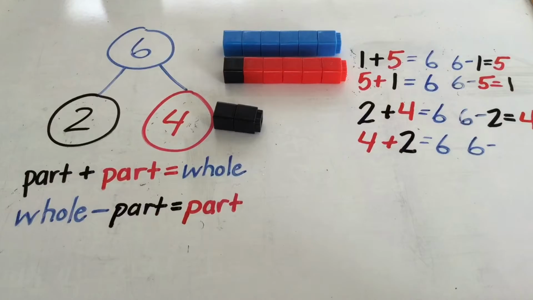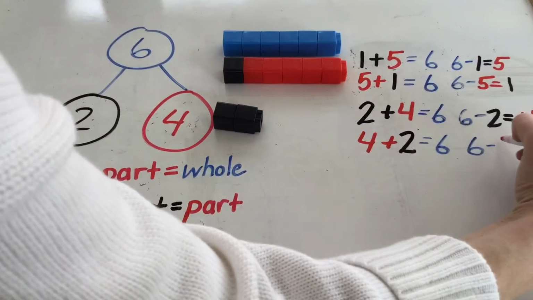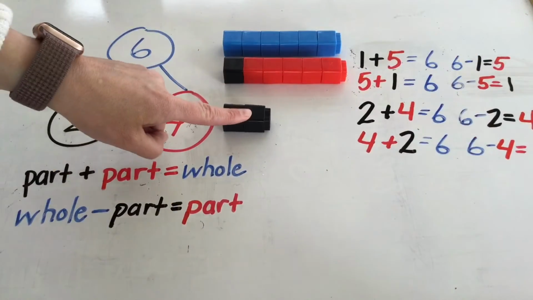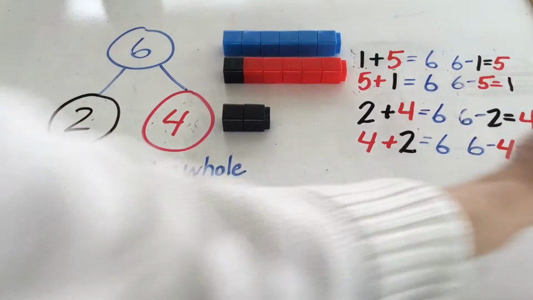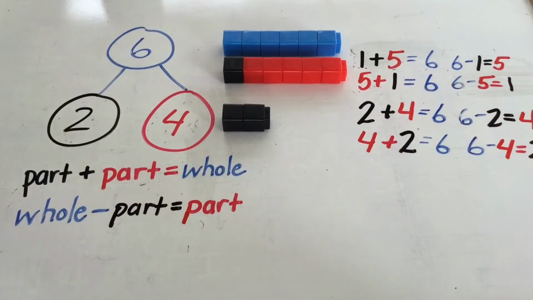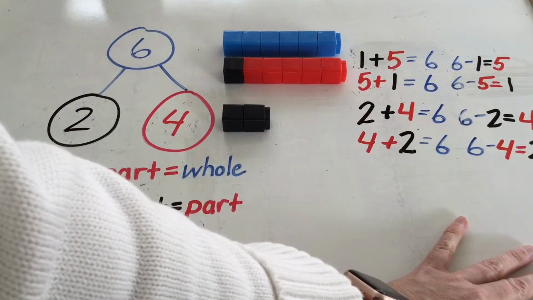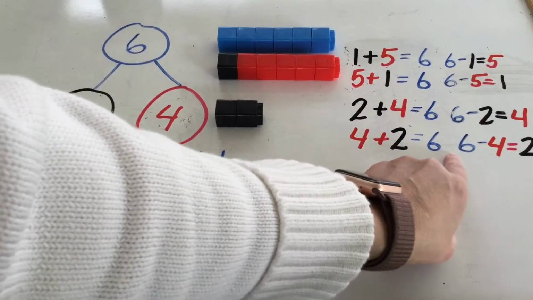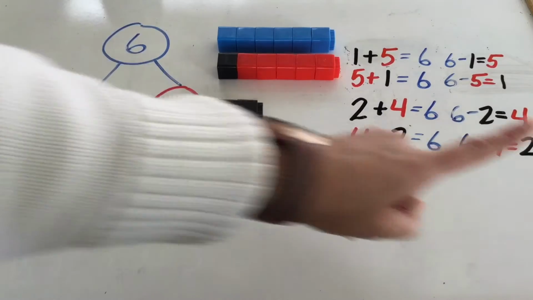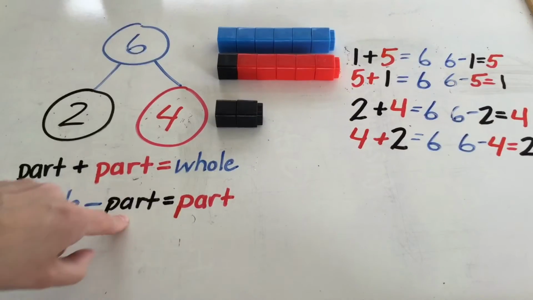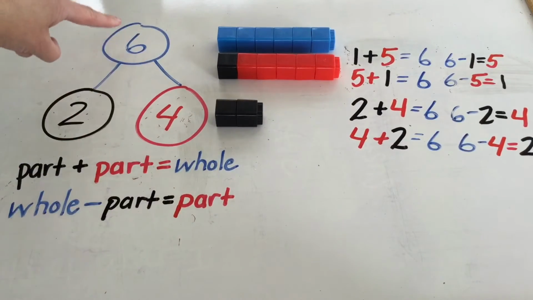And then again, switching my parts, 6 minus 4 equals 2. Now you may have heard this in school called a fact family, because it's all of the parts that make up your whole. You could continue using 6 as your whole and finding more parts that make 6.